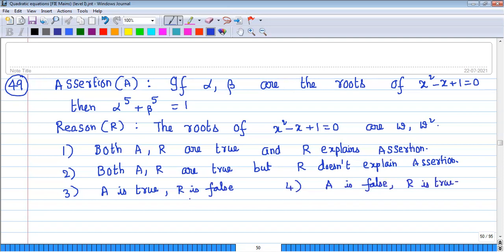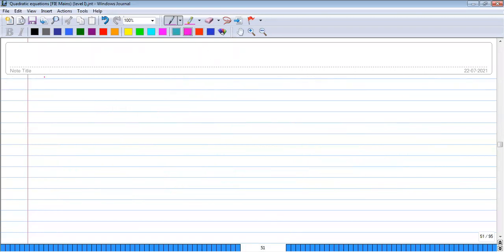Okay, first let us check one by one. Now I shall move to the next page for the solution. Alpha, beta are the roots of x square minus x plus 1 equals 0. It has two roots, alpha and beta. Obviously, alpha plus beta is equal to positive 1, and alpha beta is also 1.